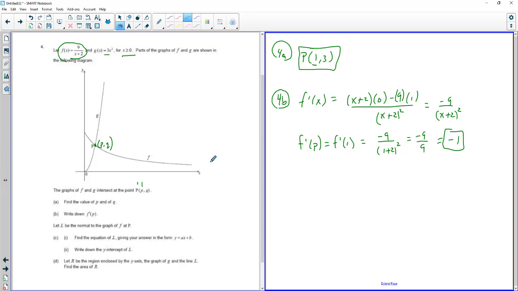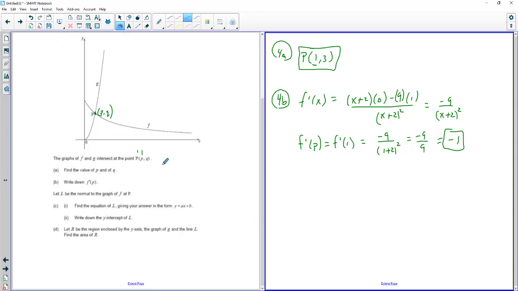Let L be the normal to the graph of f at P. So there's going to be a normal line. There's a tangent line and a normal line. Okay, so when they say normal, it's a line that's perpendicular to a tangent. Find the equation of L. Give your answer in this form: y equals ax plus b, which is the same thing as mx plus b. Okay. So here's the deal.